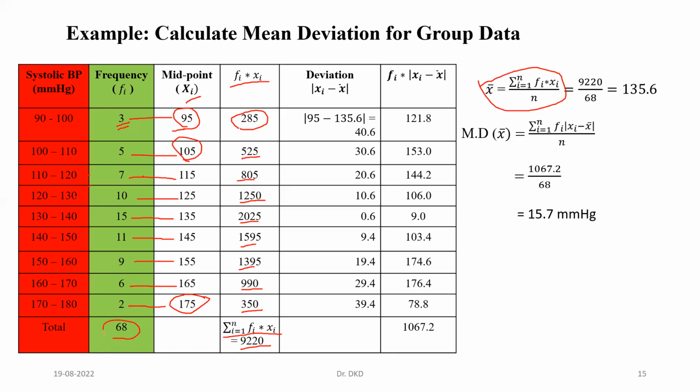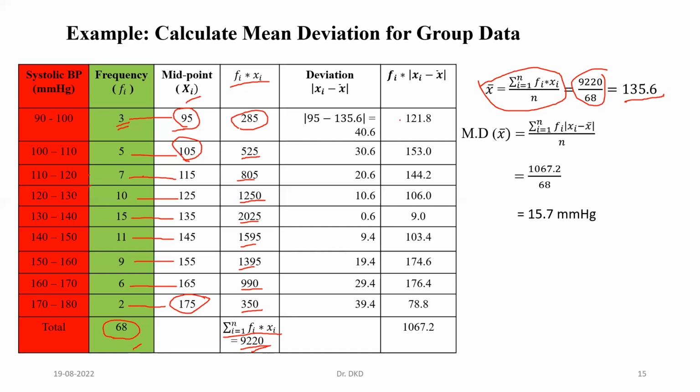We have all the values: summation fi xi is given, and summation fi, which is n, equals 68. We put the values here, and we get the mean value 135.6.